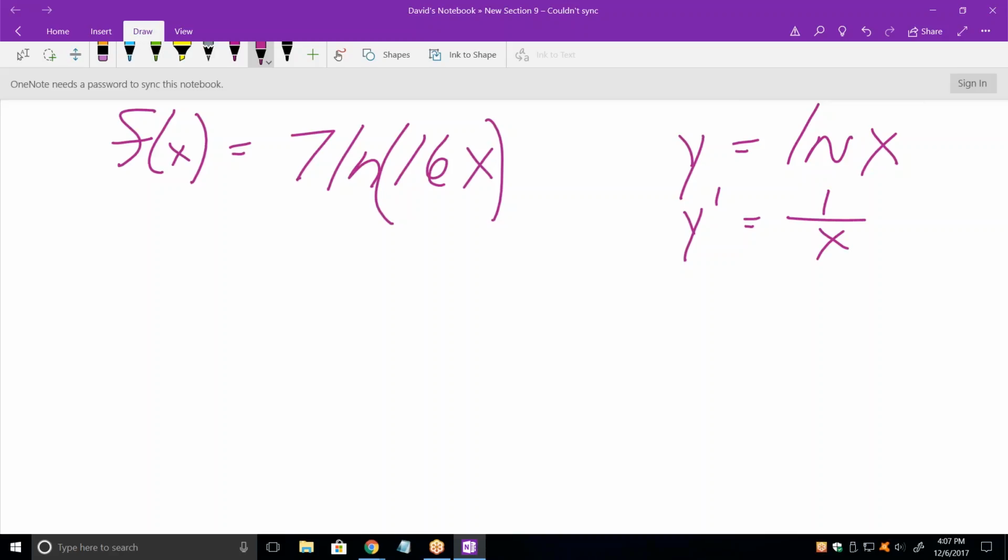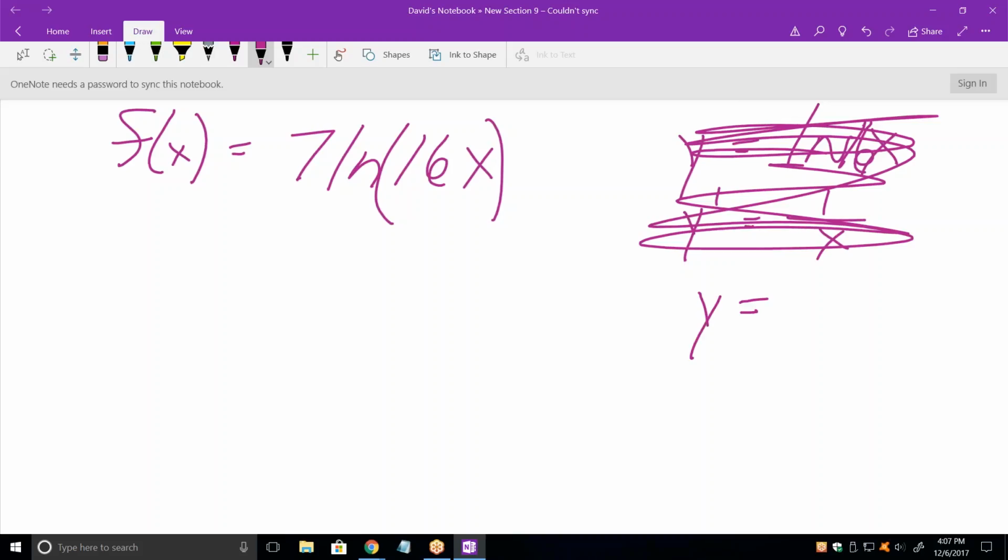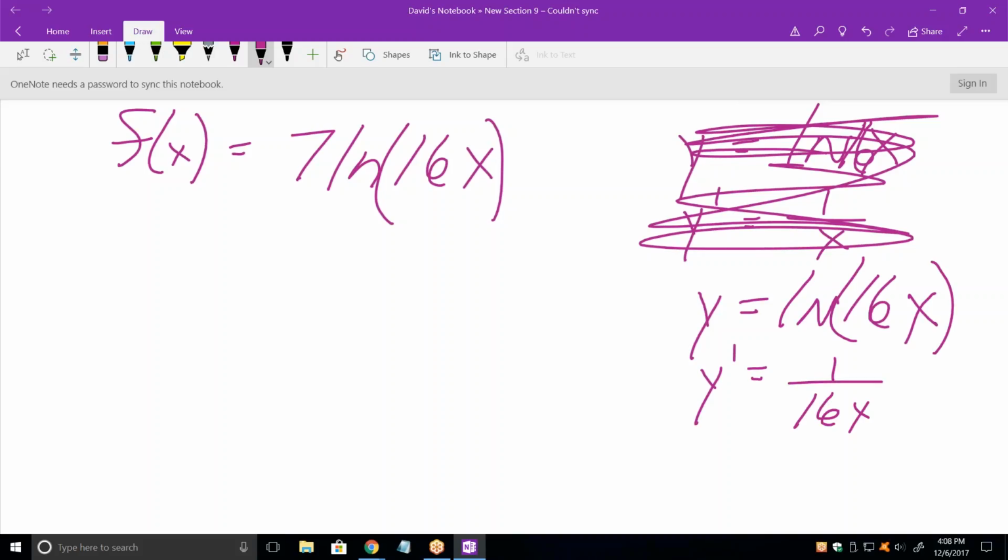So when we're analyzing, if I said y was the natural log of 16x, what's y prime? 1 over 16x times the derivative of the inside. You have to apply the chain rule here. Oh, that's right, yeah. It's the derivative of the inside, 16.